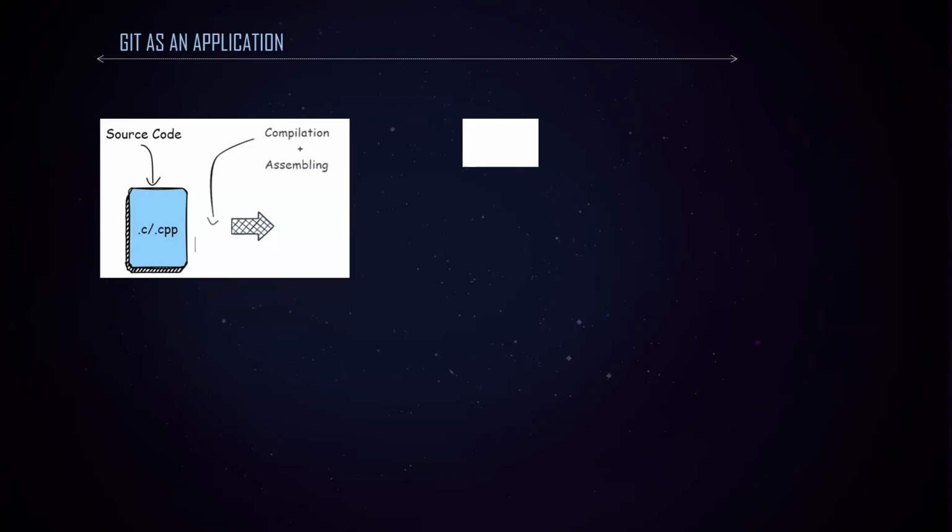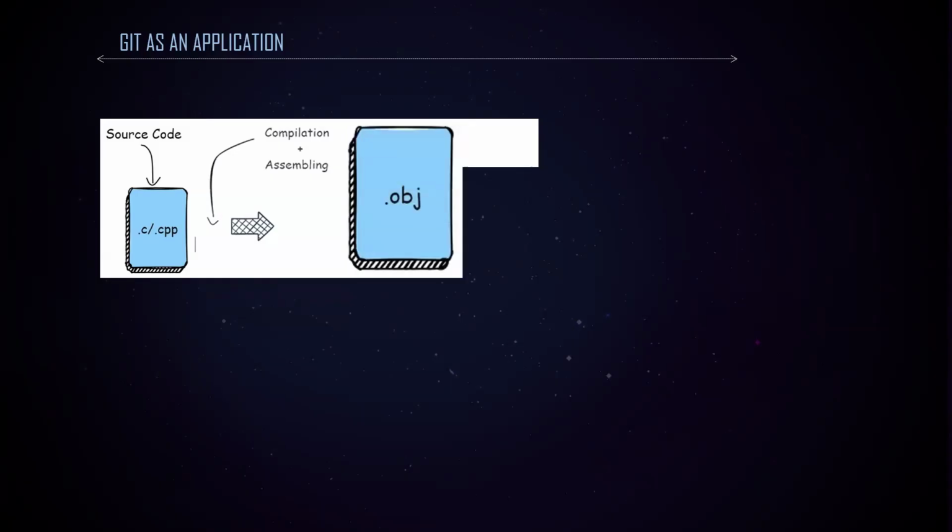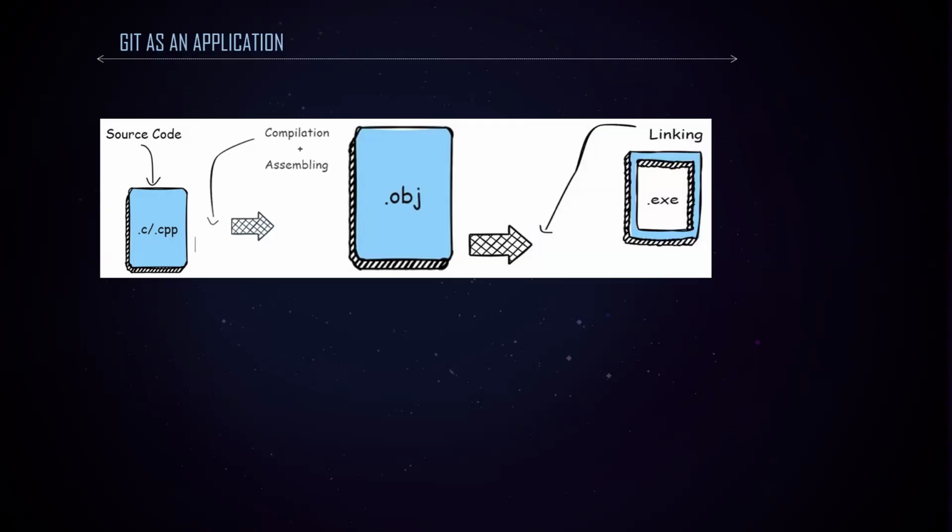Compilation will convert your source code into assembly language, and then the assembler will convert your code into binary, so basically an object file. Once you run the process of linking, you will get the executable file.